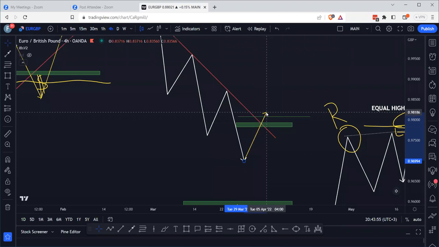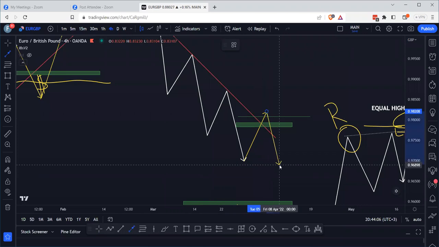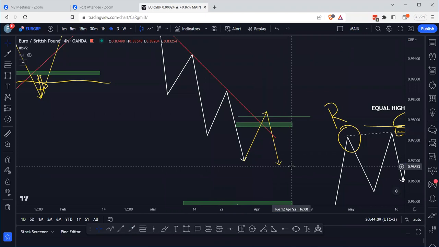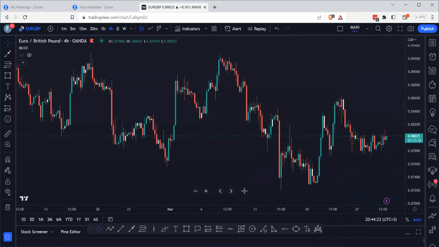So somewhere above this zone is where you now want to start looking for your entry for a sell. It's as simple as that. Where people's stop losses are is where you want to be looking for entry. You will not be taking entry where everybody else is taking entry. All right, so let's go to the chart and then see how liquidity plays out.